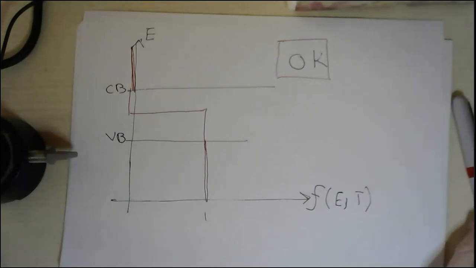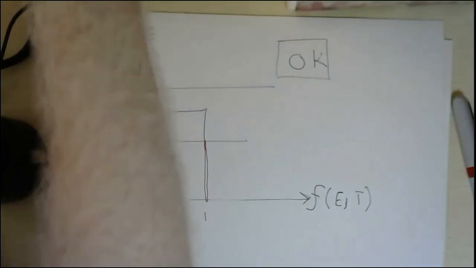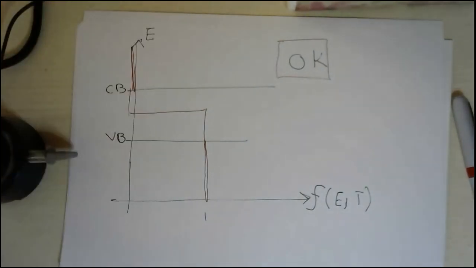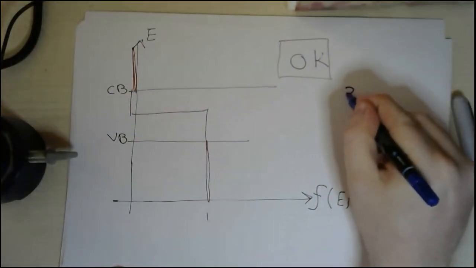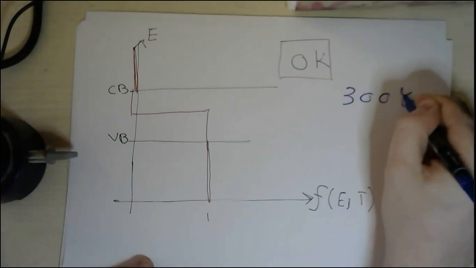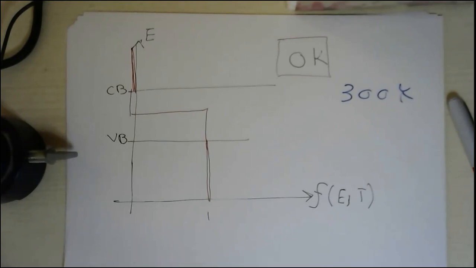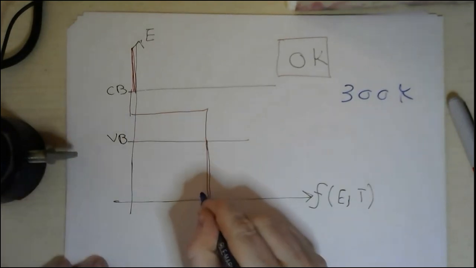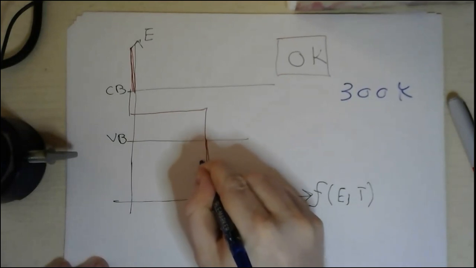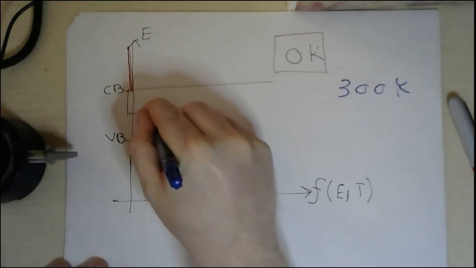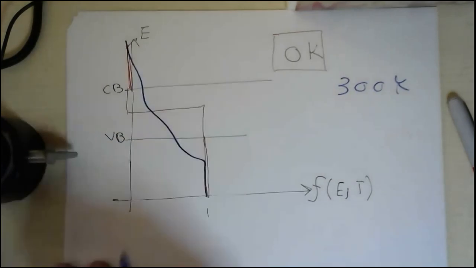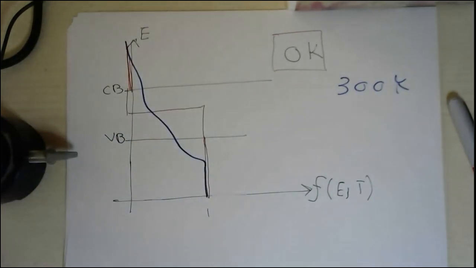What if we increase the temperature a bit? For example, what if we reach room temperature at 300 Kelvin? Then we should expect that some electrons will move from the valency band to the conduction band. Accordingly, you will have something like this.